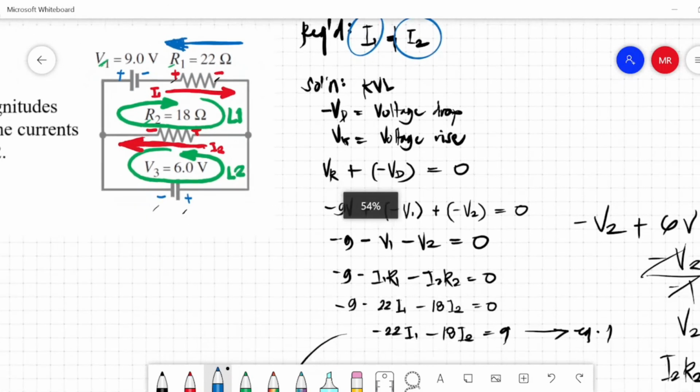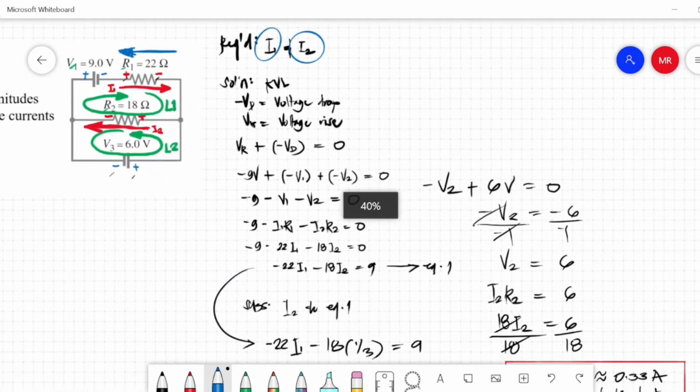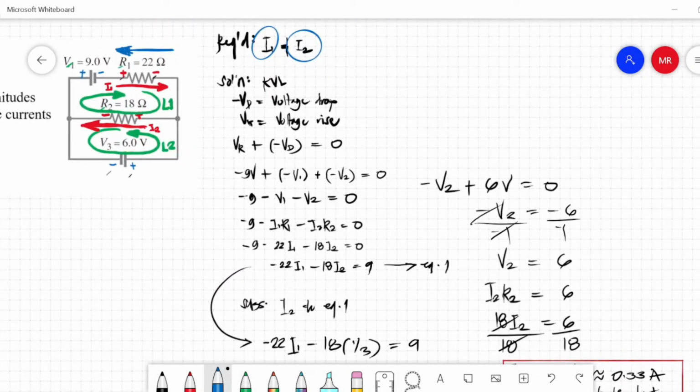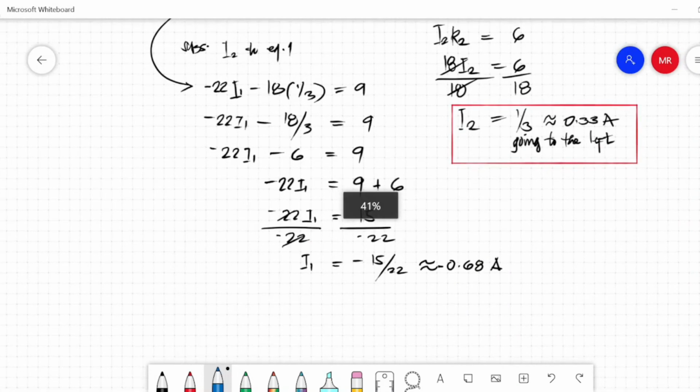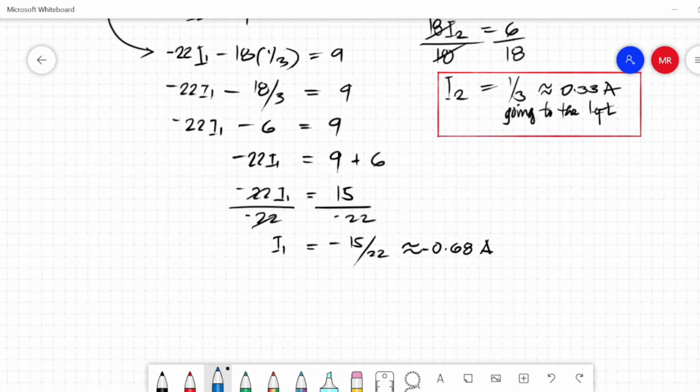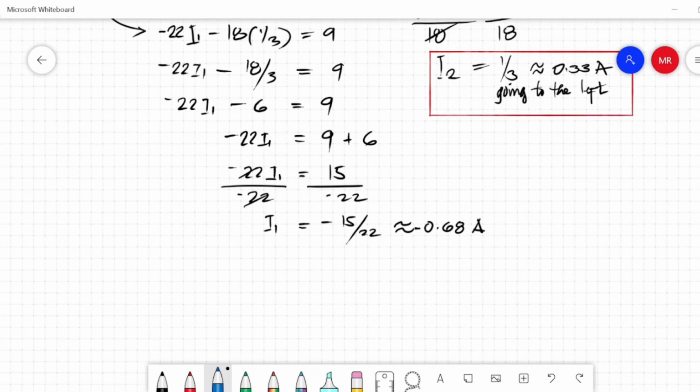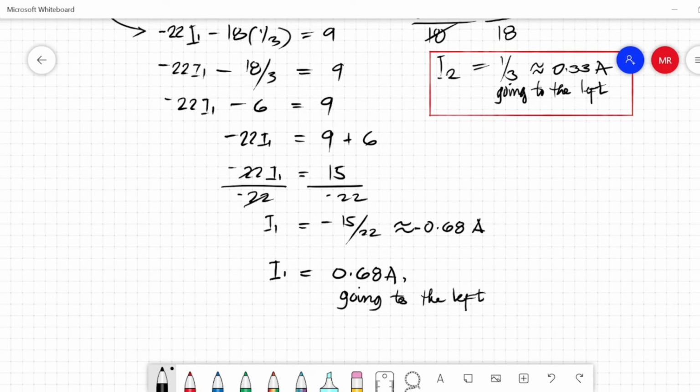That's what I'm telling you: as long as we are consistent with our assumption in our answer, it will lead us to the right direction. So our final answer for I1 is 0.68 amperes, also going to the left direction, because our first assumption was going to the right.